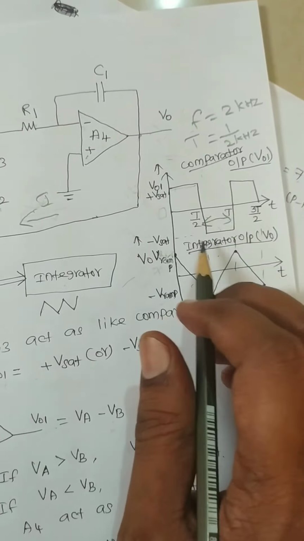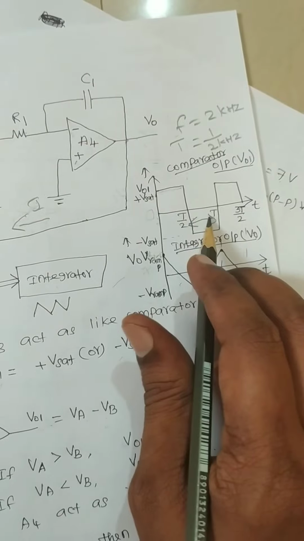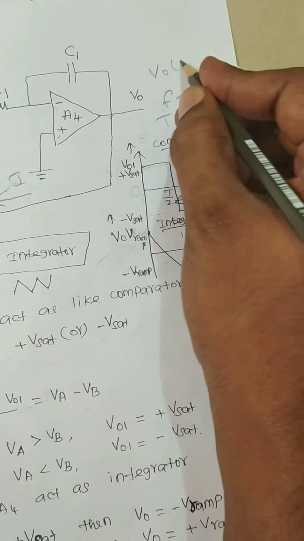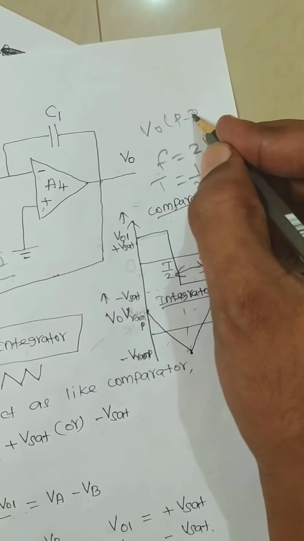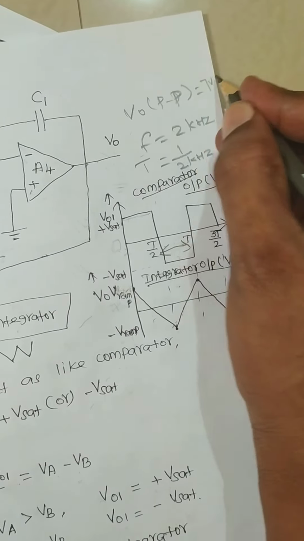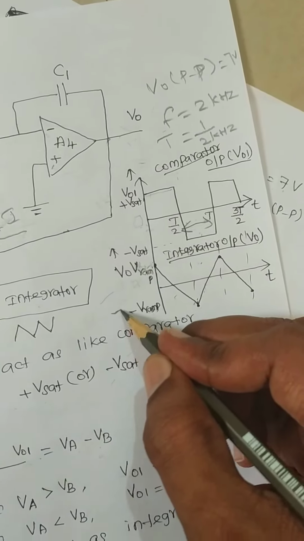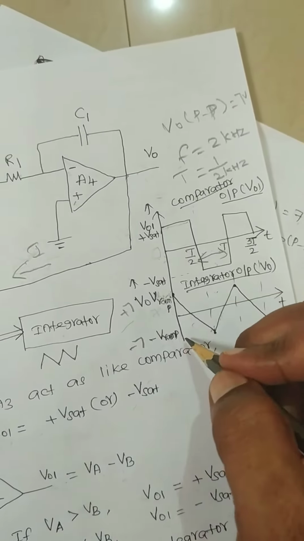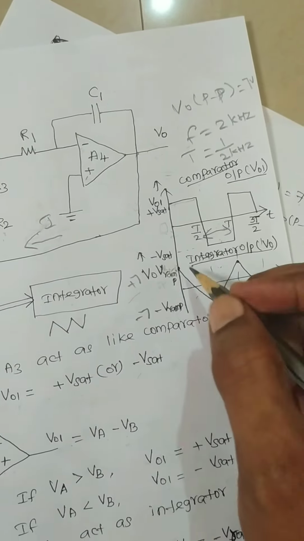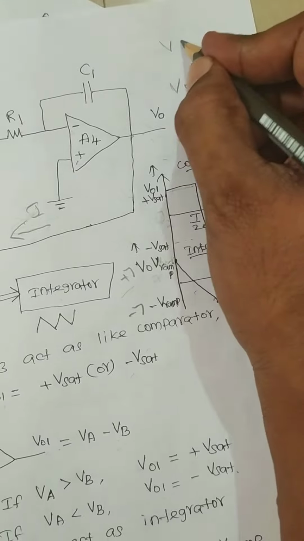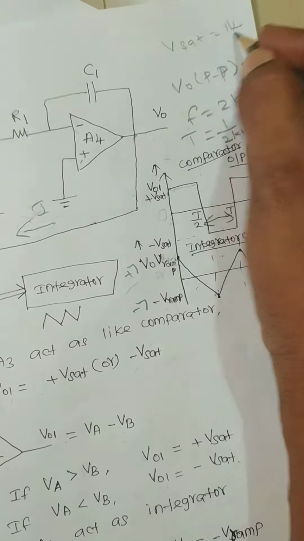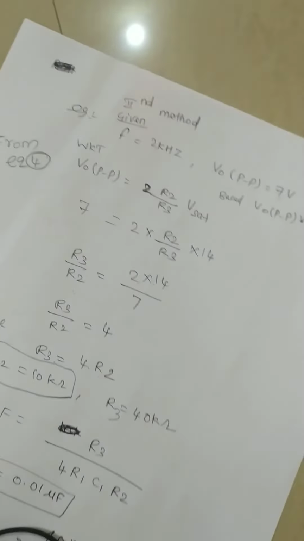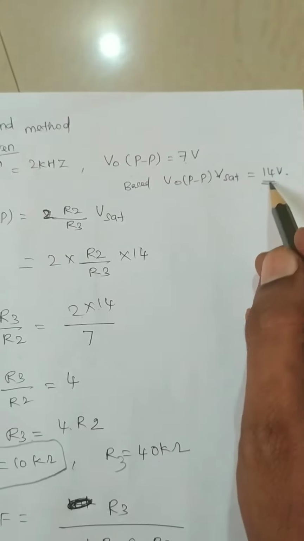That is the total time from 0 to T. And here V naught peak to peak is given as 7 volt. So this is minus 7 volt and this is plus 7 volt: the positive ramp 7 volt, the negative ramp minus 7 volt. Based on that, VSAT will be considered as 14. So plus VSAT is 14 and minus VSAT will be minus 14.